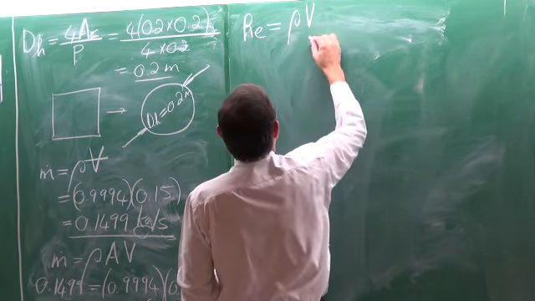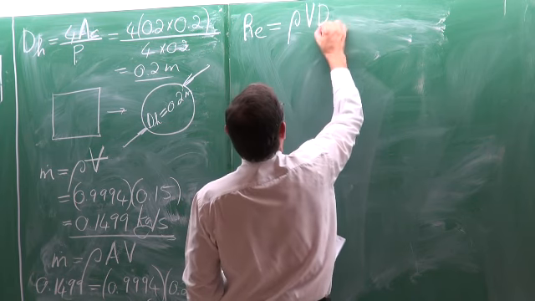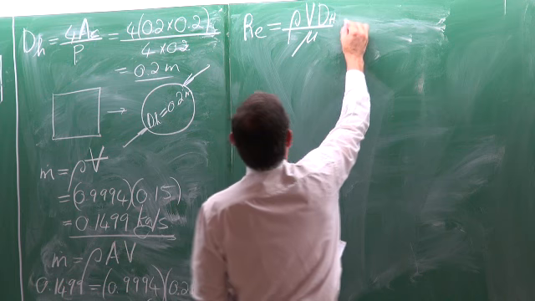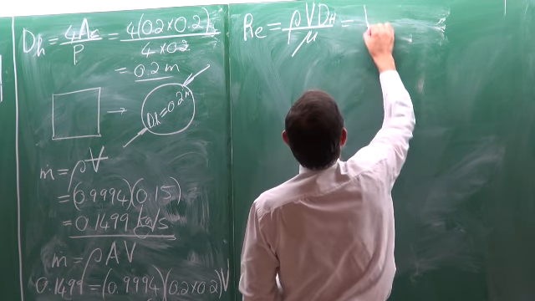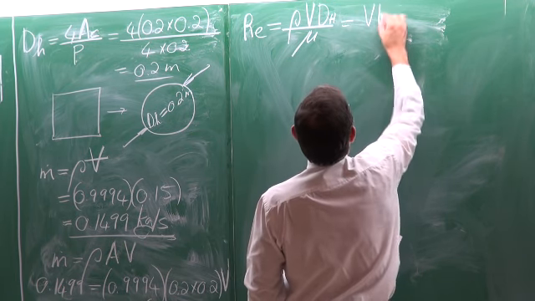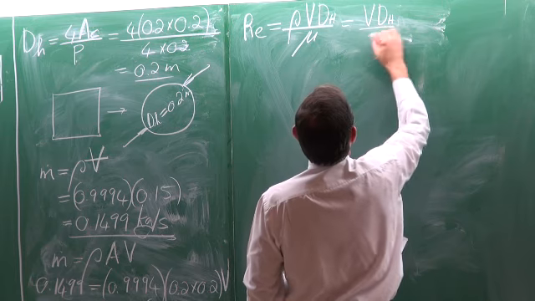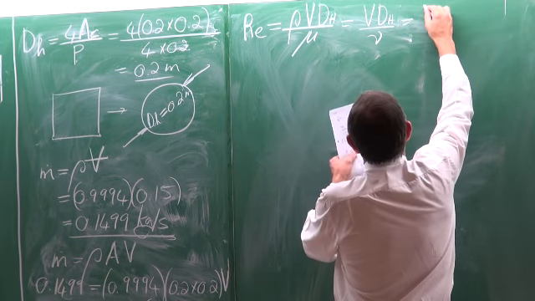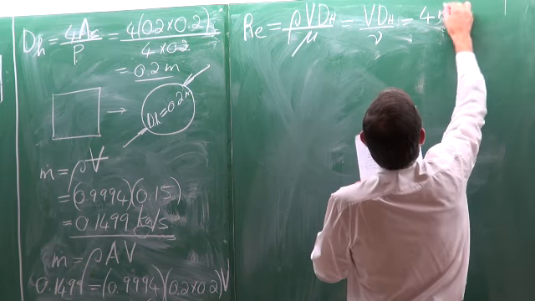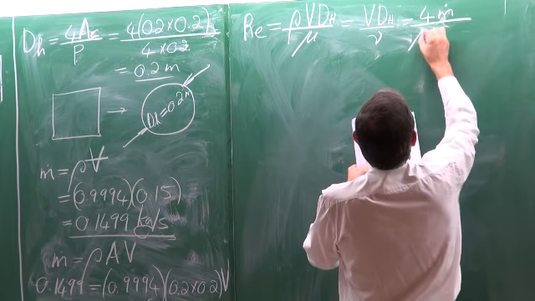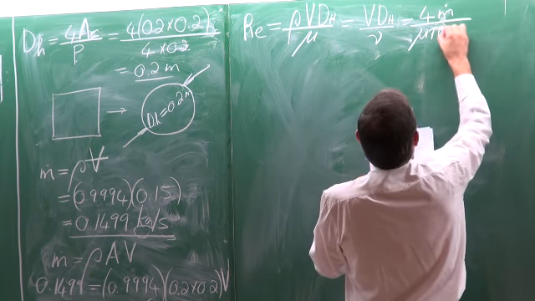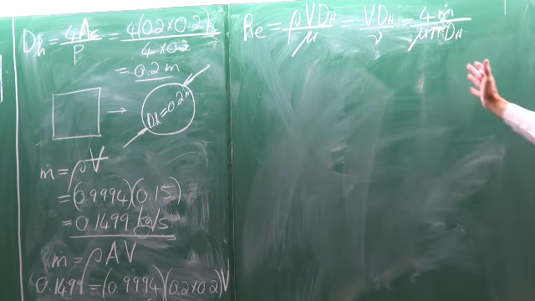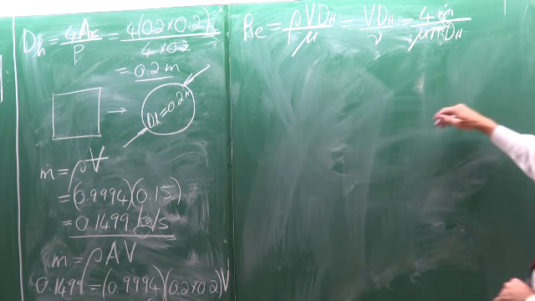You can directly write it as rho multiplied by the velocity, multiplied by the hydraulic diameter, divided by the viscosity, which is then equal to the velocity multiplied by the hydraulic diameter, divided by the kinematic viscosity, or you can write it as 4 times the mass flow rate divided by the viscosity, P multiplied by the hydraulic diameter, as we've derived previously in the lectures.